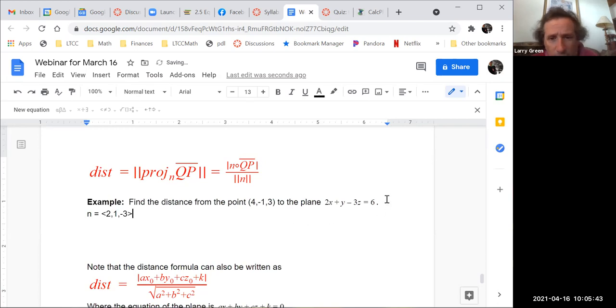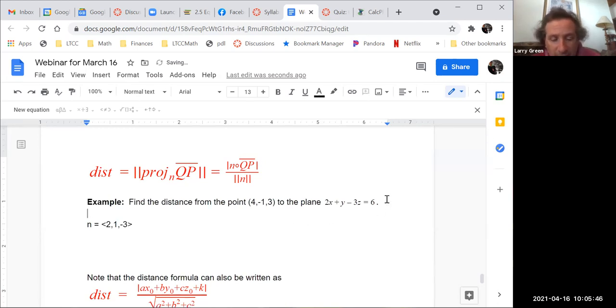So let me remind you why. Remember that we know that n dotted with x minus x naught, comma, y minus y naught, comma, z minus z naught is equal to 0. That's how we got the equation of the plane.